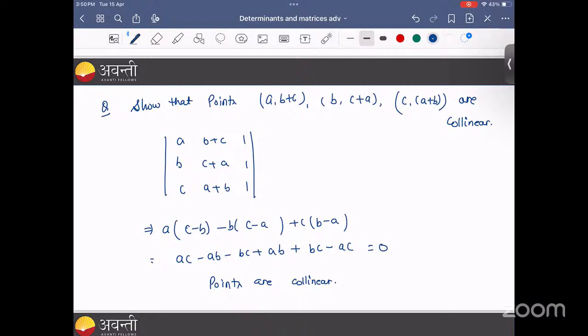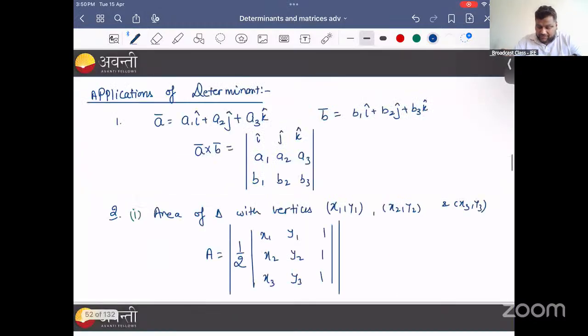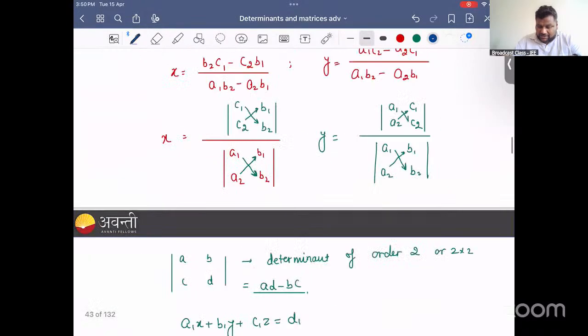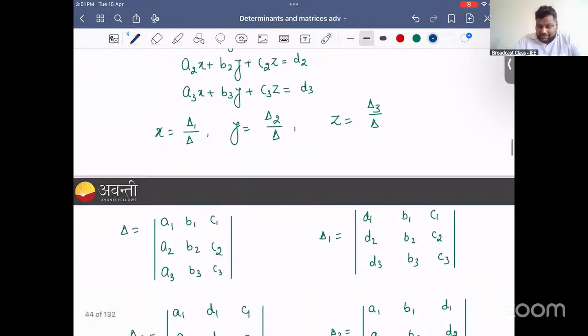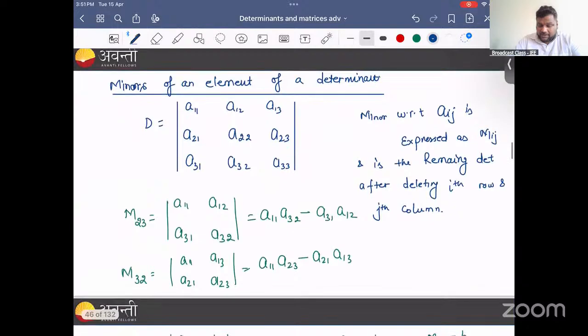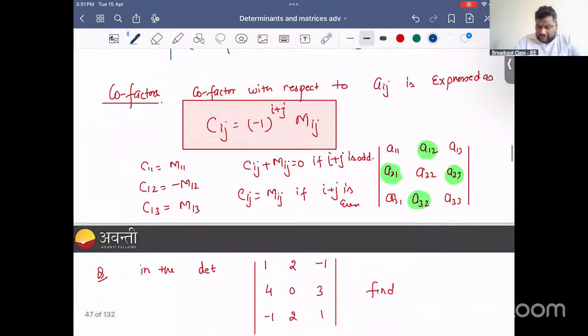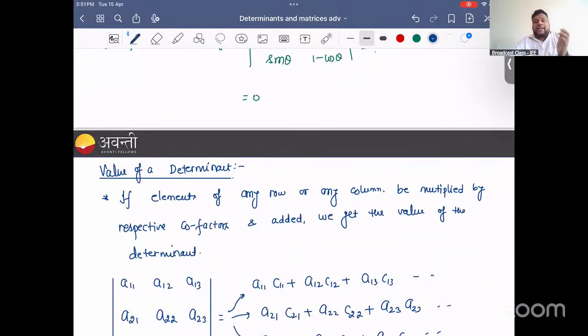Yes, sir. So let's keep up to this point in this class. What we have done today: 2 by 2 determinants, then we have covered how to get the solutions of a 3 by 3 system using determinants, where x is delta 1 upon delta, y is delta 2 upon delta, and z is delta 3 by delta. Then minors of the elements, then cofactors, then value of the determinant. If we multiply elements of any row with the respective cofactors and add them, we get the value of determinant.